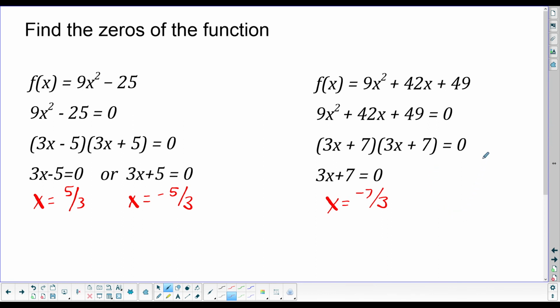And kind of by definition, or just by logic, if it touches it at only one point, the only point it can touch at is the vertex. So I also know that this x-intercept here also represents the vertex of this parabola. Okay, so in this case, where I have the difference of 2 squares, I know that my vertex is my y-intercept. And when I have this perfect square parabola, I know that my vertex is the x-intercept, okay, because there's only one of them.